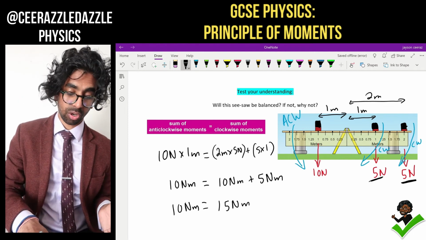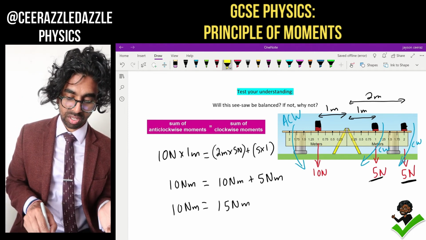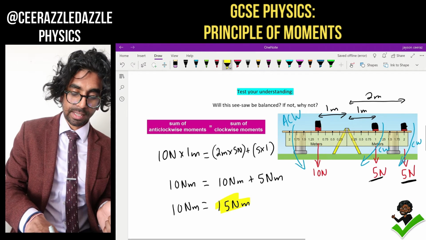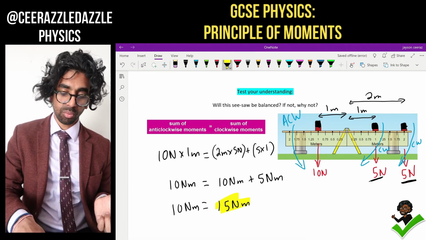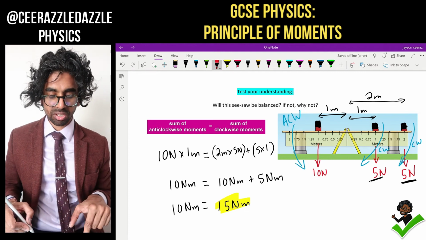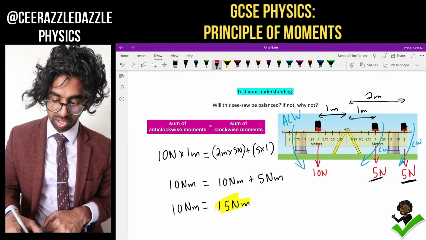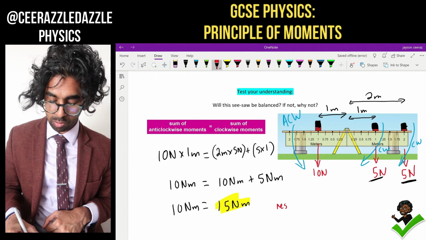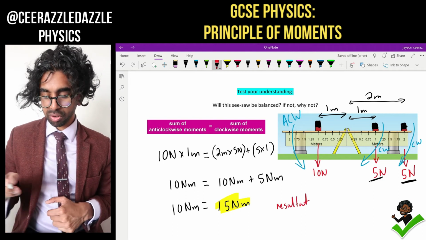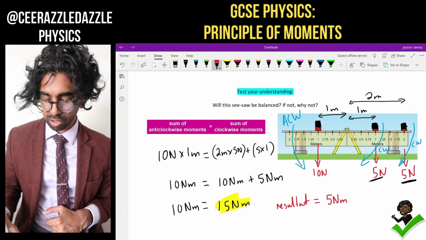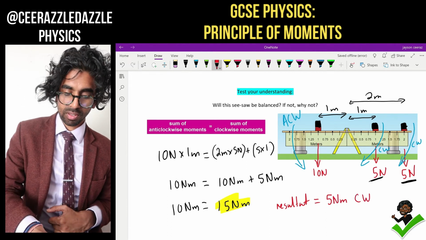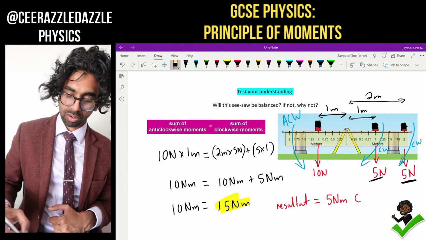It's going to be the clockwise moment. So these ones are going to be stronger. How much? So the resultant moment, the overall moment acting, will be 15 newton meters minus 10 newton meters. So the resultant moment of the whole thing is going to be equal to 5 newton meters clockwise.